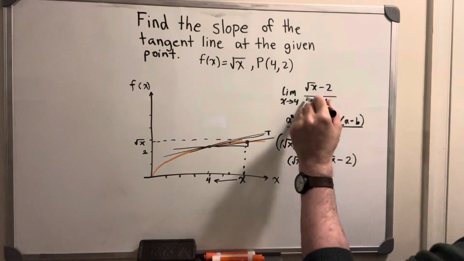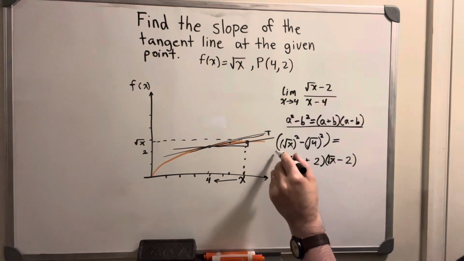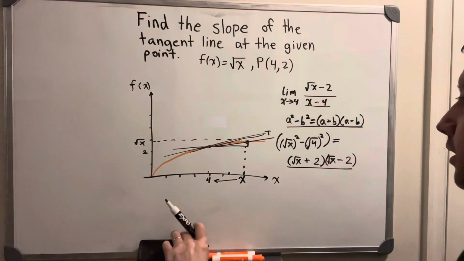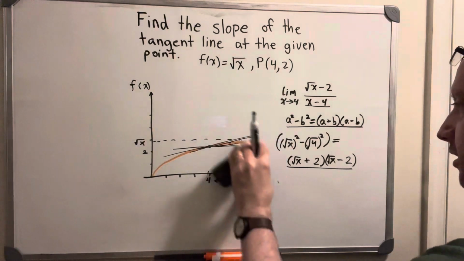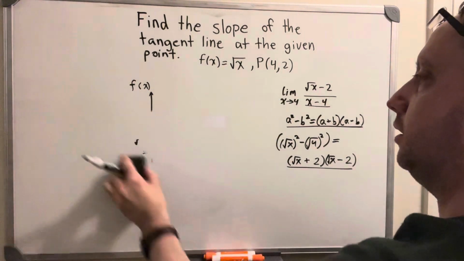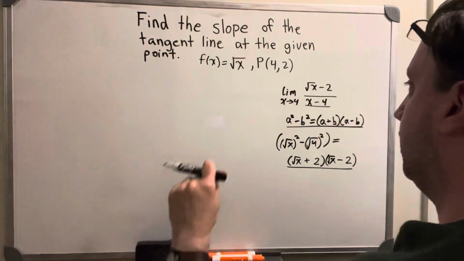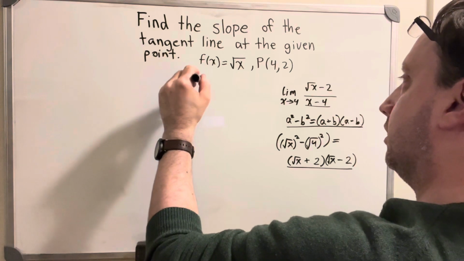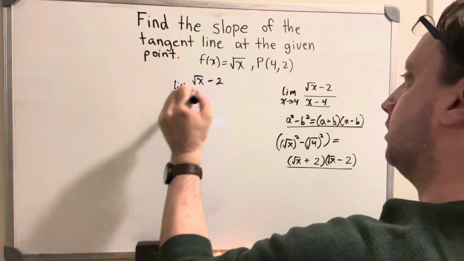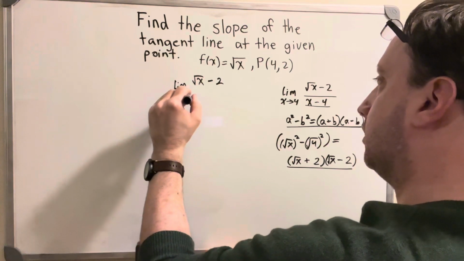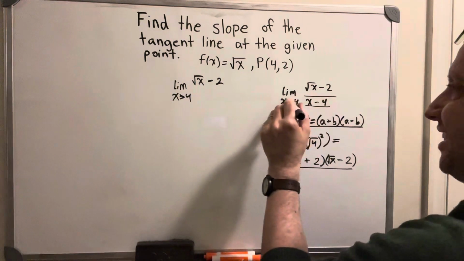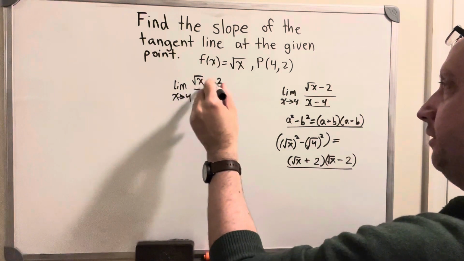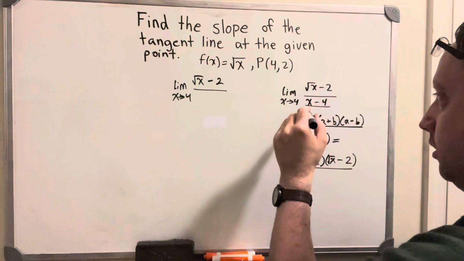So let's rewrite this using this instead of this. Okay, I'm going to erase the graph right now. So this is equal to the limit as x approaches 4 of the square root of x minus 2, because that's what's up in the numerator.